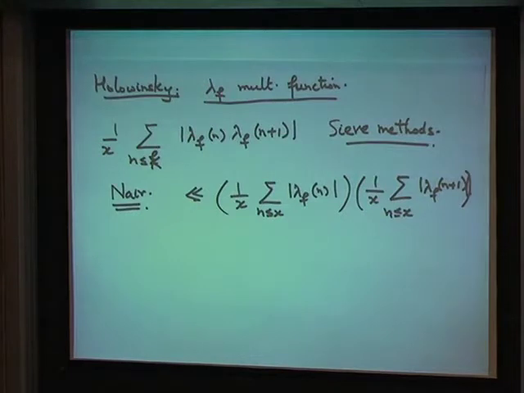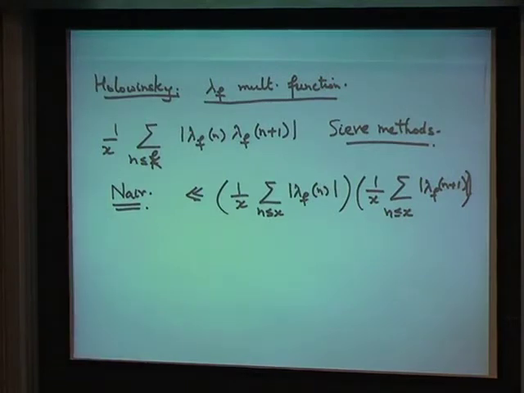So what you would like to do is, among these numbers, keep only the prime factors which are small and ignore all the prime factors that are large. If you can do that, you're in good shape and you can make this argument work. Why can you do that? Well, how many prime factors can a number have which are larger than n to the 1 over 100? No more than 100 of them. And the lambda p's are all bounded by 2. So you just throw away all those primes.